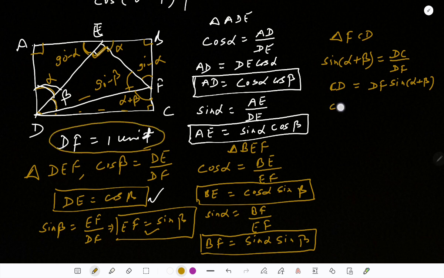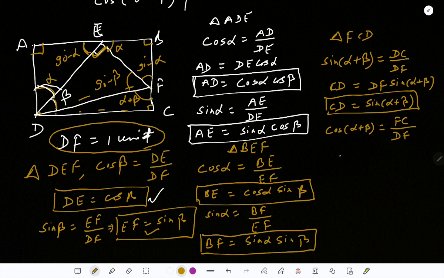That means this CD is only sin alpha plus beta. And you can find cos alpha plus beta as well. Cos alpha plus beta will be base, that is FC, divided by hypotenuse DF, that is unity. That means FC will be equal to simply cos alpha plus beta.